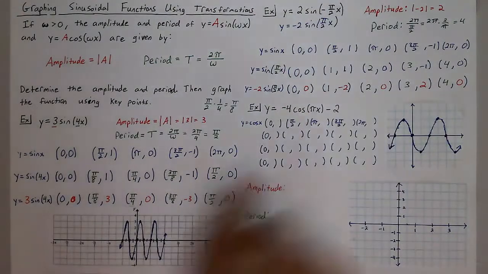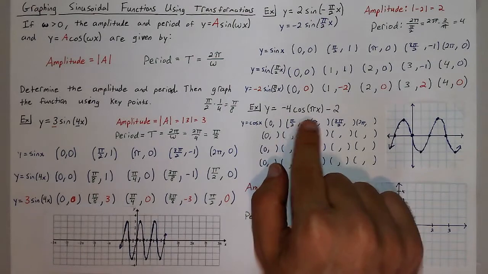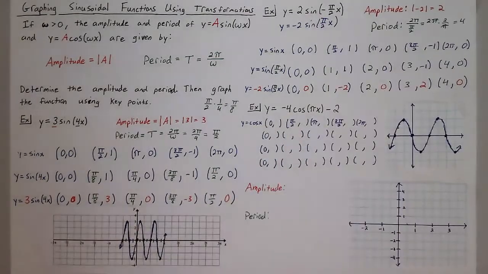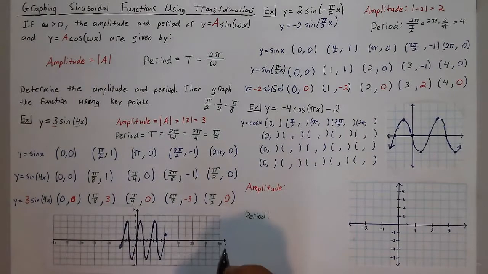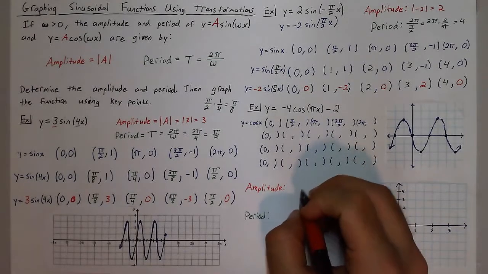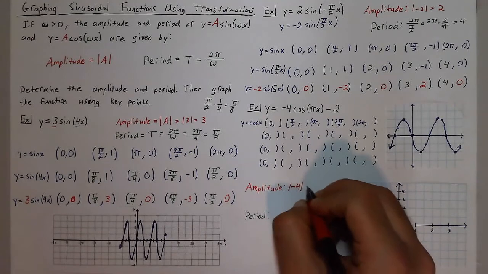Now, the last one we're going to do is y is equal to negative 4 cosine of pi x minus 2. And we're going to talk about what this minus 2 means with this next example. But starting out, I want to find my amplitude and my period. So my amplitude is going to be absolute value of negative 4, which is 4.